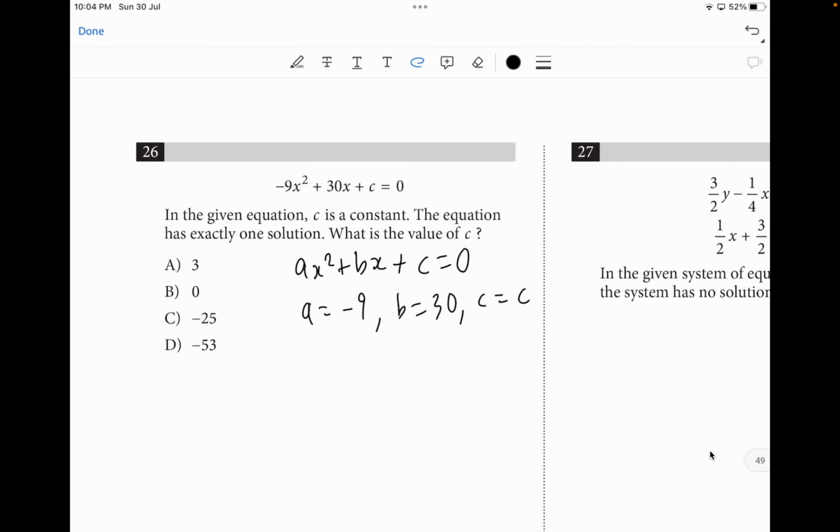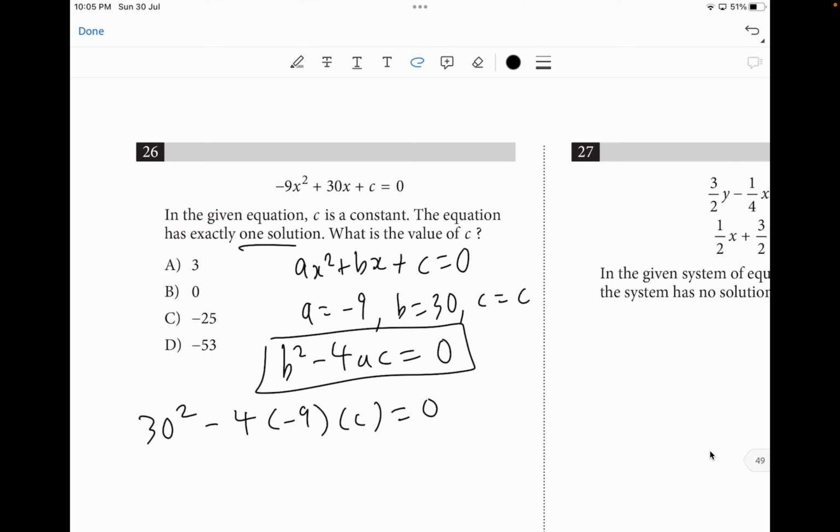Since this has exactly one solution, we know that b squared minus 4ac is equal to 0. That's exactly for only one solution. By the way, this formula is for finding quadratic equations which have exactly one solution.